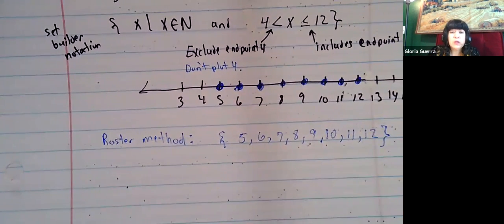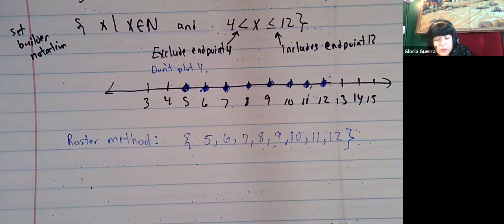But you do not have permission to include 4. That would make that wrong, okay? And you've got to have the curly braces, and no dots, no ellipses. It's just these natural numbers from 5 through 12. So you want to look for that.